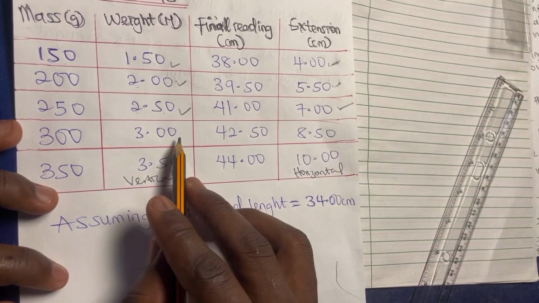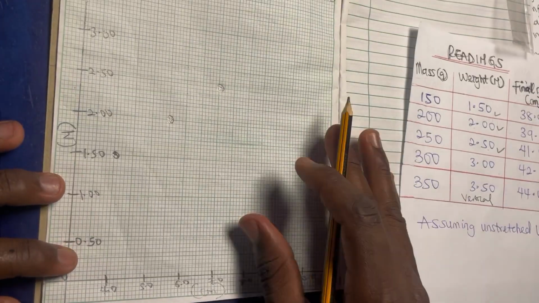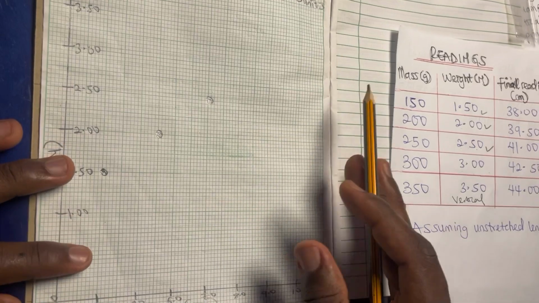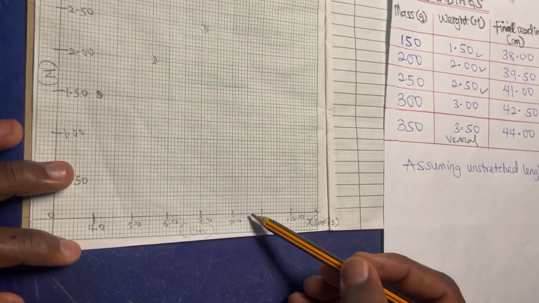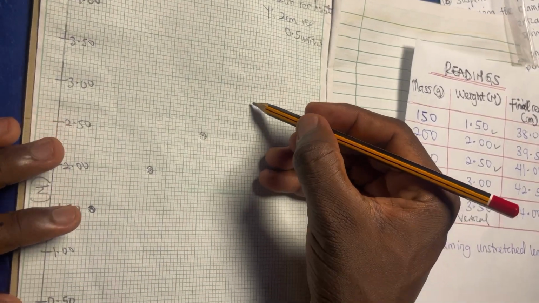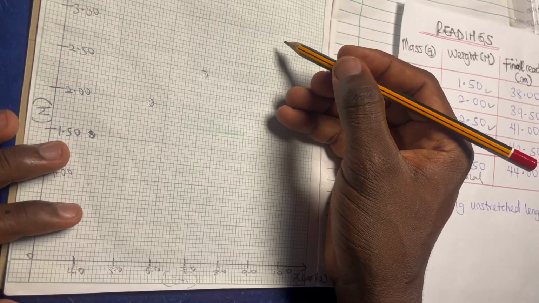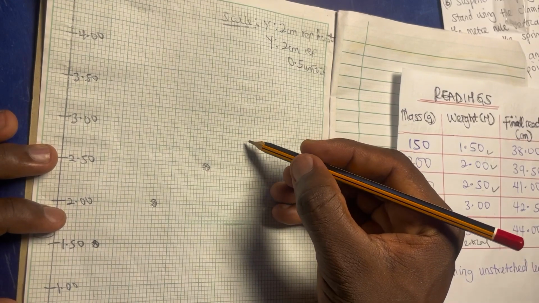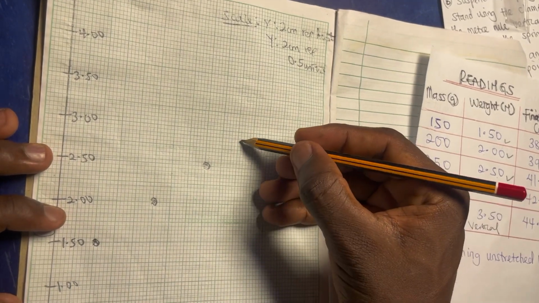The next one is 3.00 and 8.5. So 3.00 is here, and then 8.5 is in between this 8 and 9, as you can see. So I will have it here like this. If you trace it, that will be exactly on this spot.